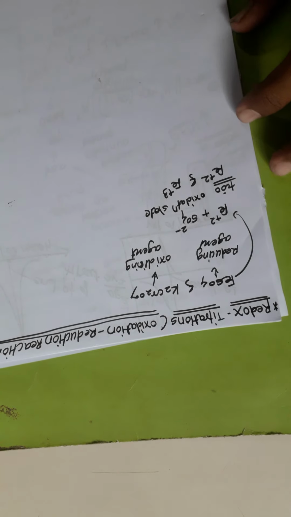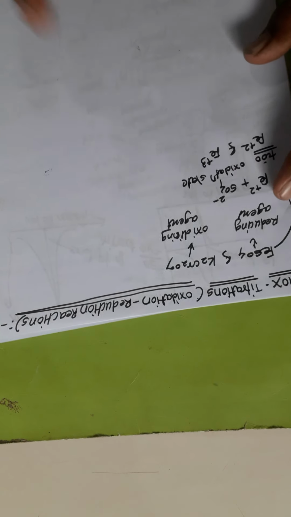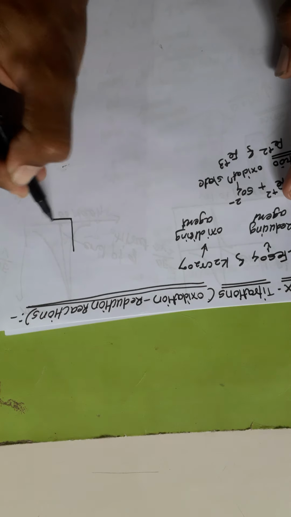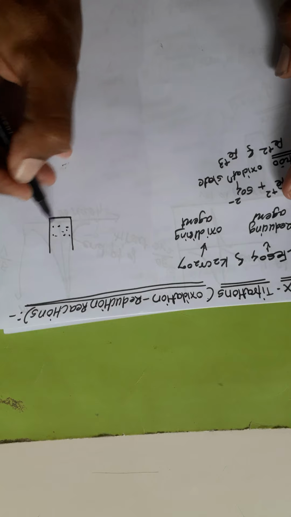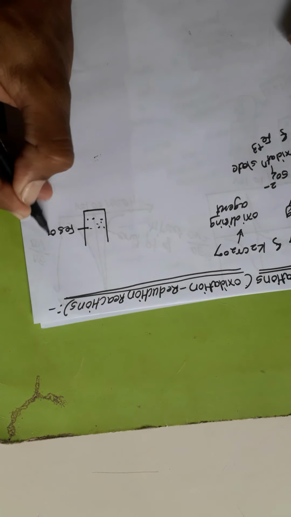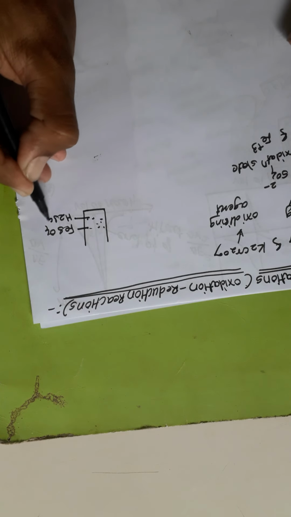Then how is it carried out? Take a 100 ml beaker with some amount of FeSO4 solution, and add some amount of H2SO4 solution.